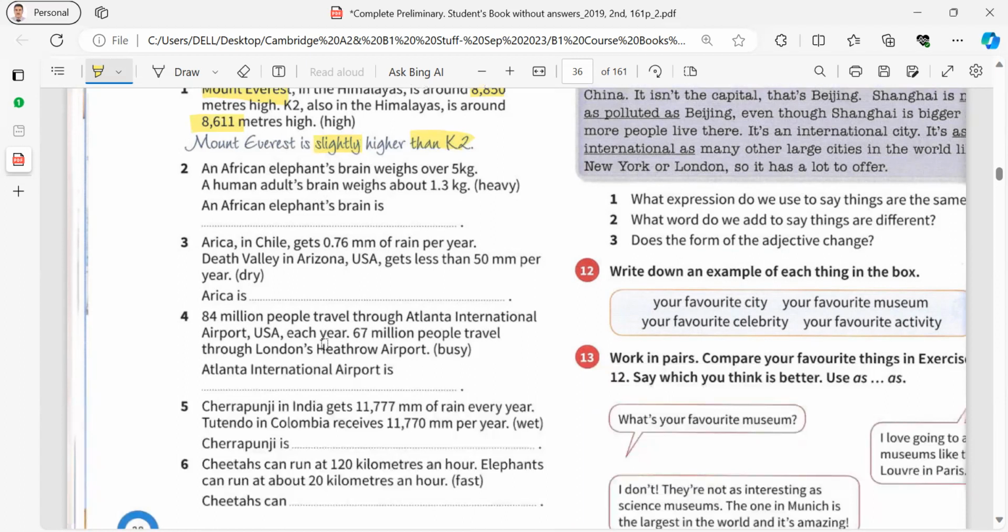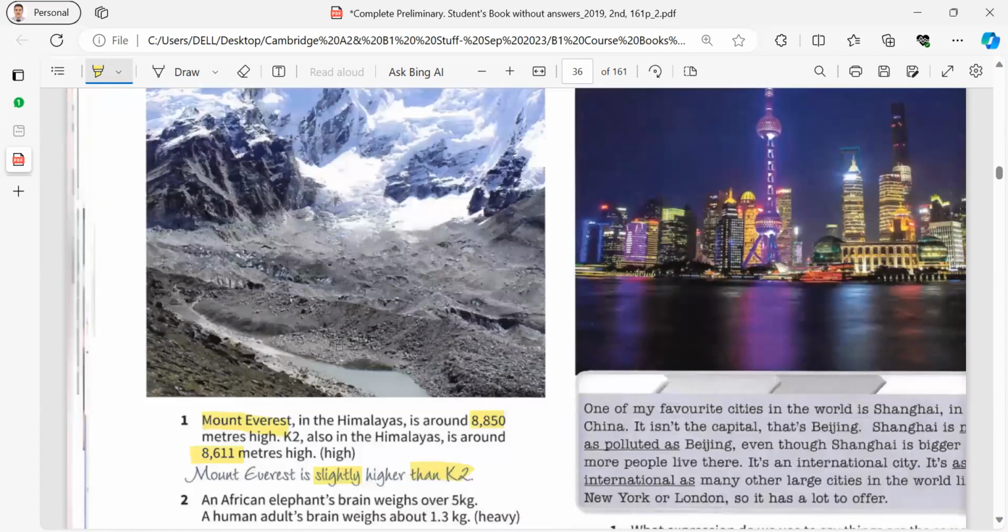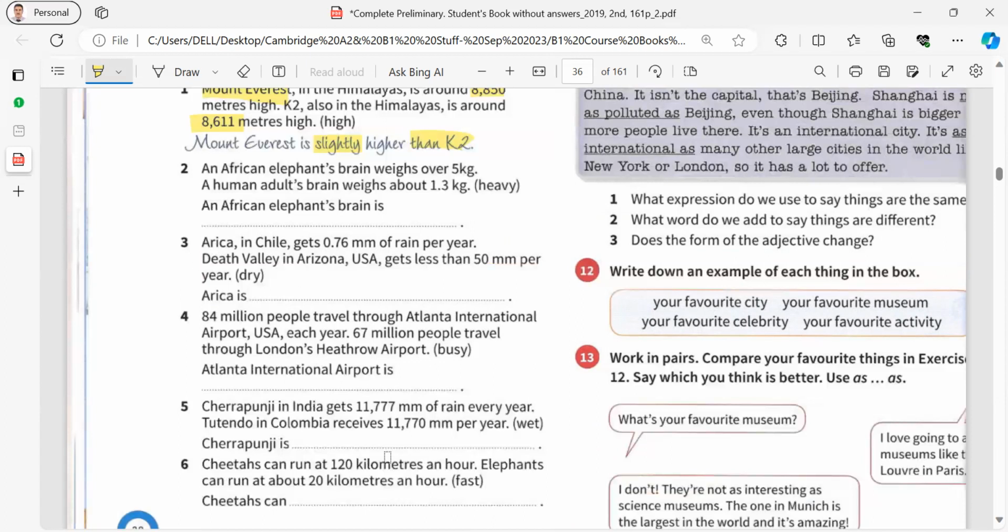Number 2, Nawaf. Let's do the first three examples, and you can do the rest as homework. This is really important, Nawaf, for writing and speaking: how to compare between the adjectives or the two objects. An African elephant weighs over 5 kilograms.